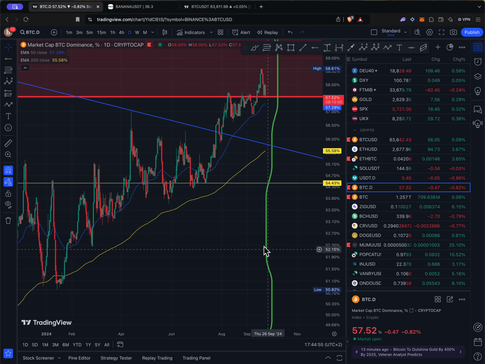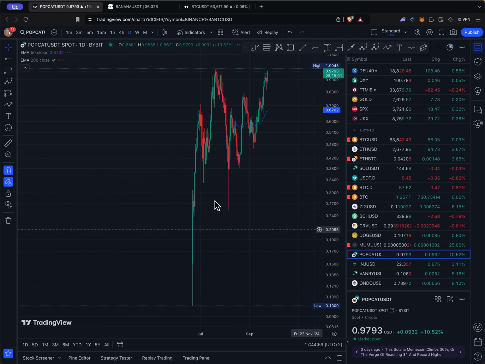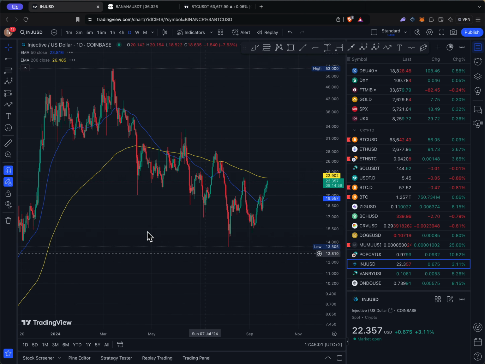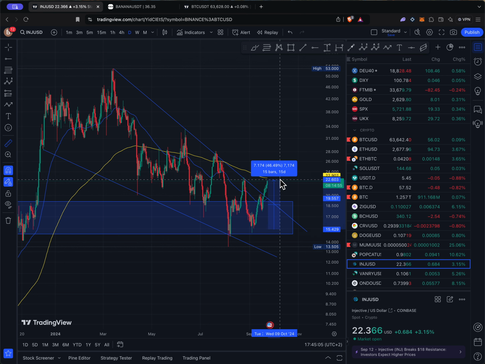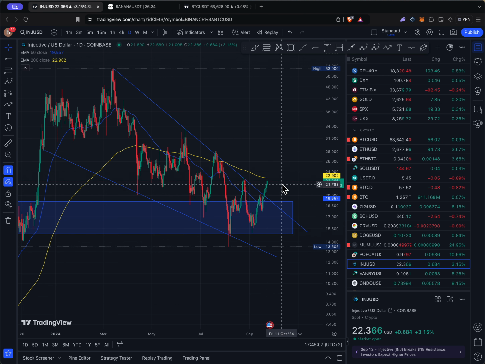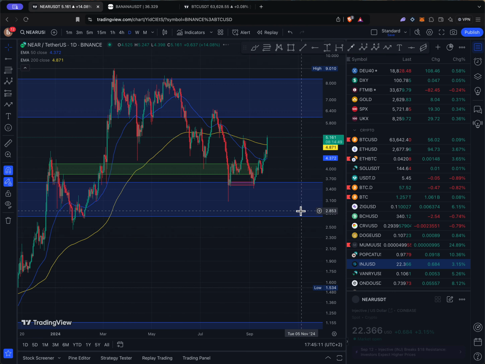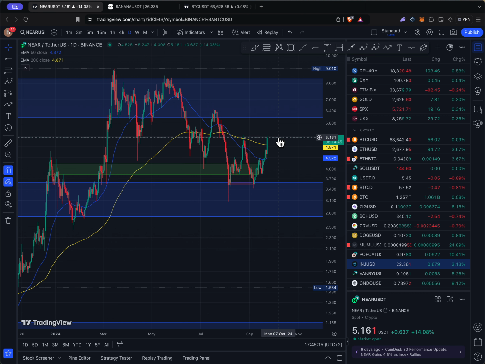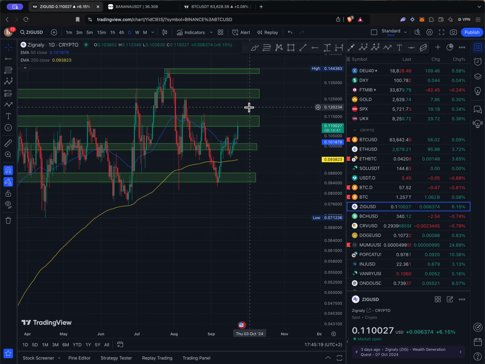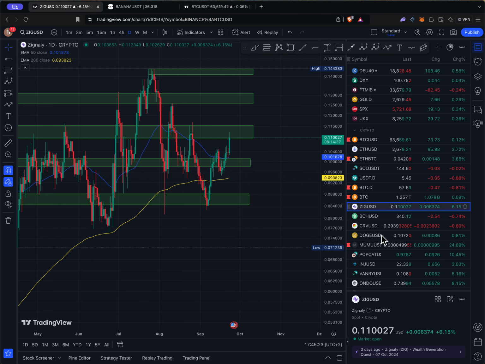and we can see there are plenty of coins that are going nuts. Like we said, we've seen Popcat. We have, this is INJ. INJ is pulling from the low a plus 50%. What do we have? Near is going nuts. It's another plus 50%. Zig, this is one of my favorite coins, is pulling plus 30%.